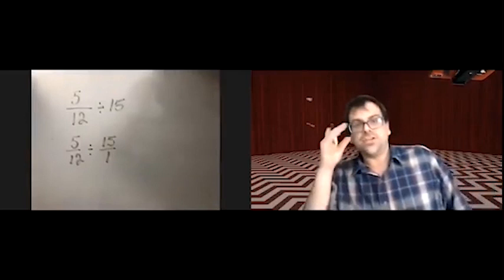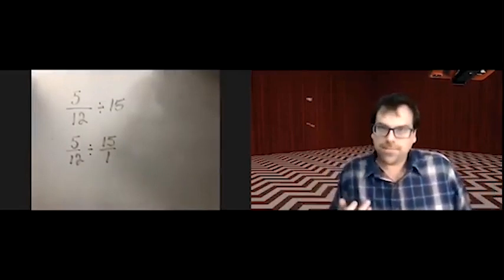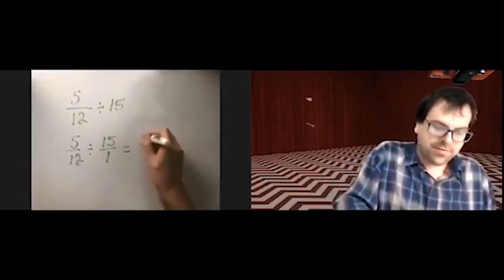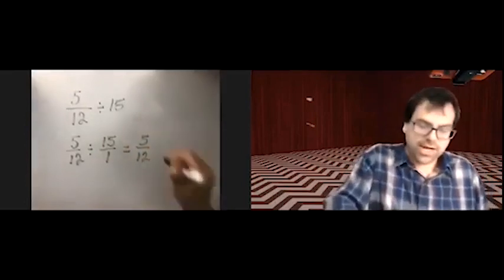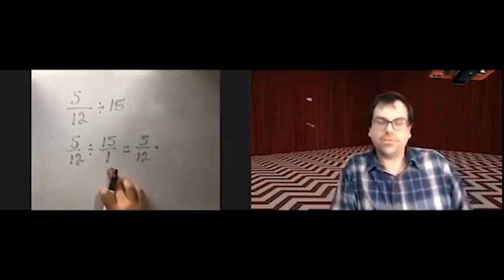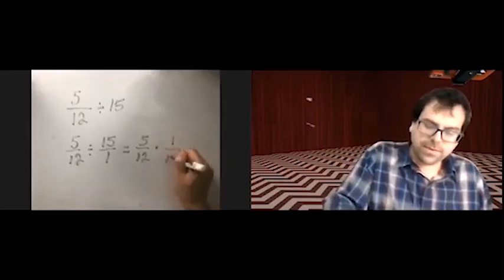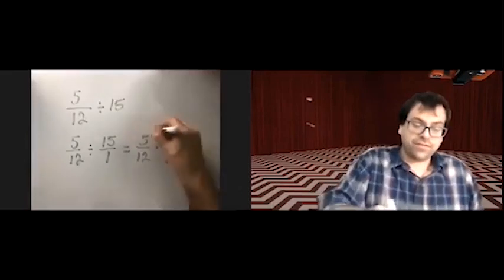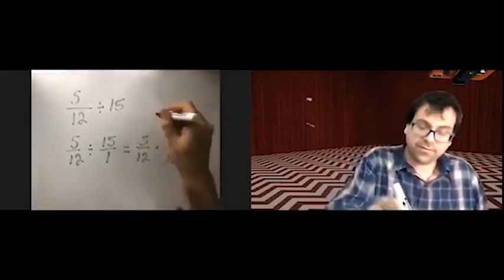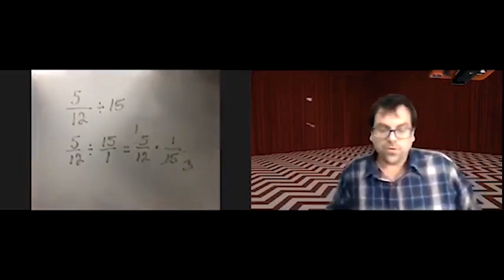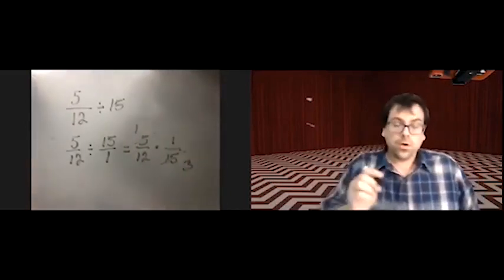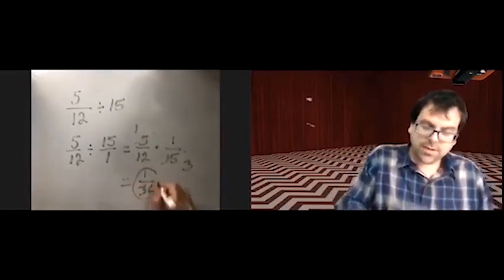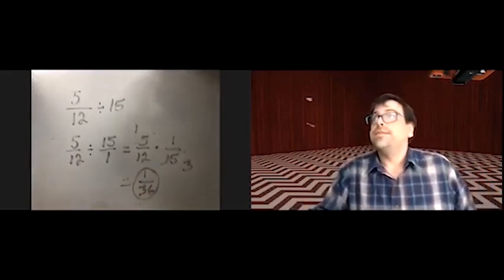We have to see it as a fraction before we can flip the fraction. Keep the 5/12, change division to multiplication, and flip the 15 over 1. 1/15. 5 and 15 can both be divided by 5. So 1/3. 1 times 1 is 1. 12 times 3, 36. So 1/36.